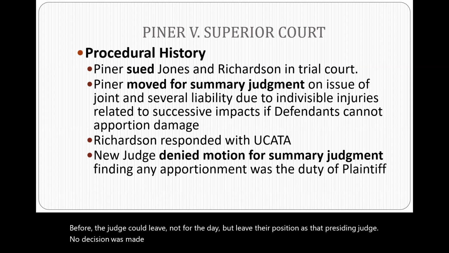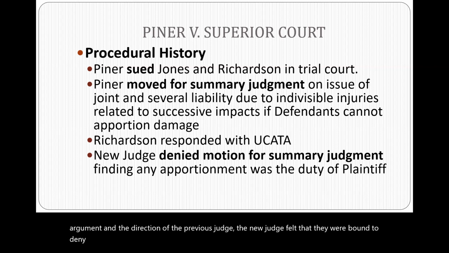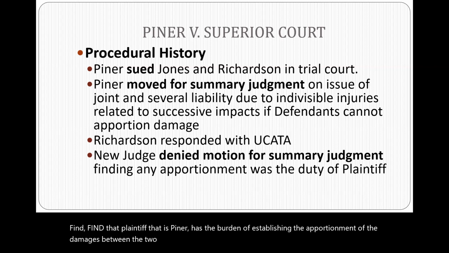A new judge came in and said, based upon the notes, the oral argument, and the direction of the previous judge, the new judge felt that they were bound to deny the motion for summary judgment in favor of defendant 1 and defendant 2, and find that the plaintiff, that is Piner, has the burden of establishing the apportionment of the damages between the two guilty defendants.